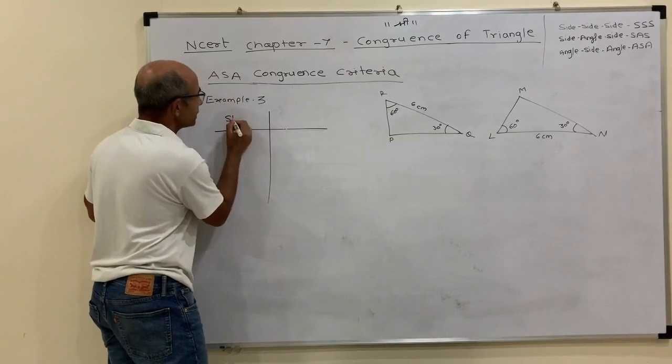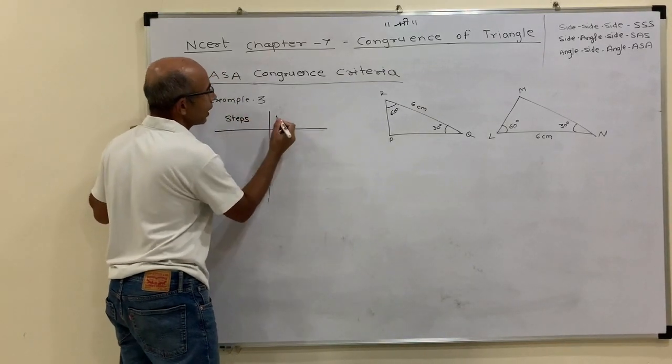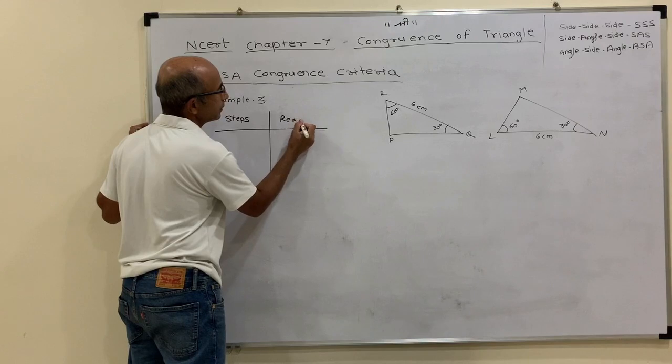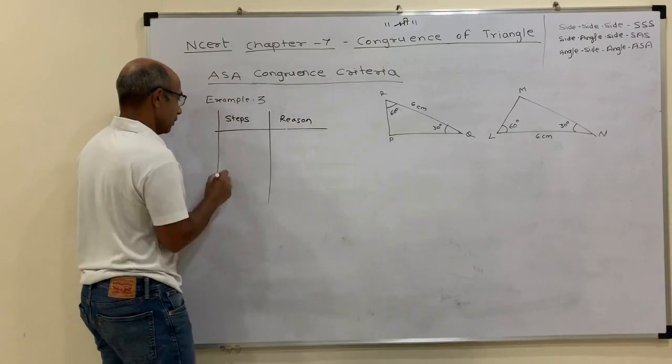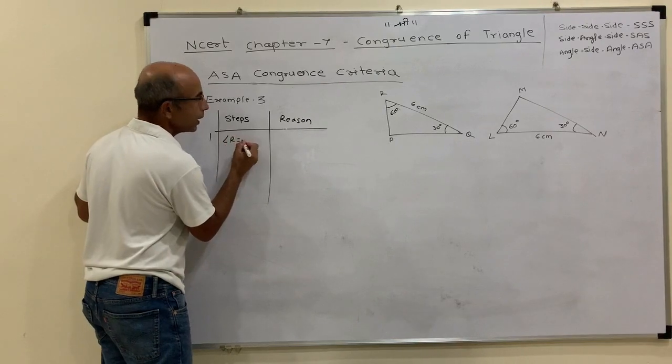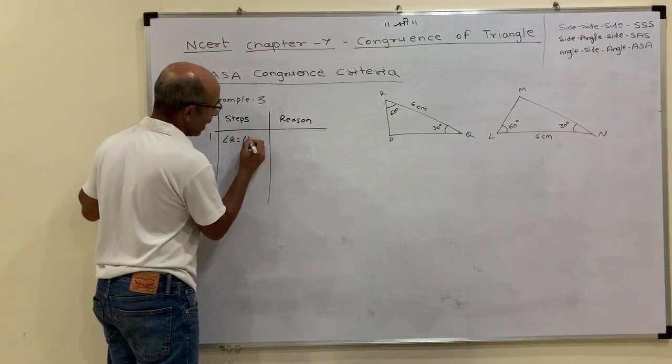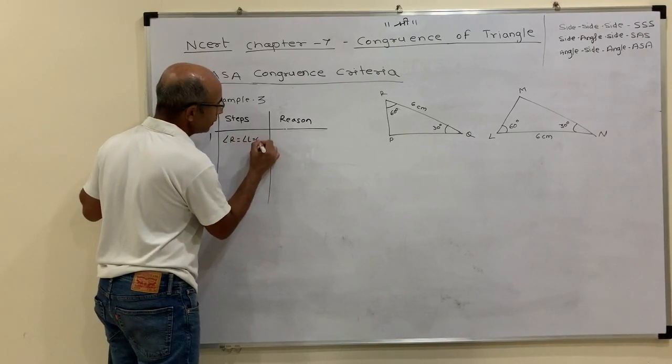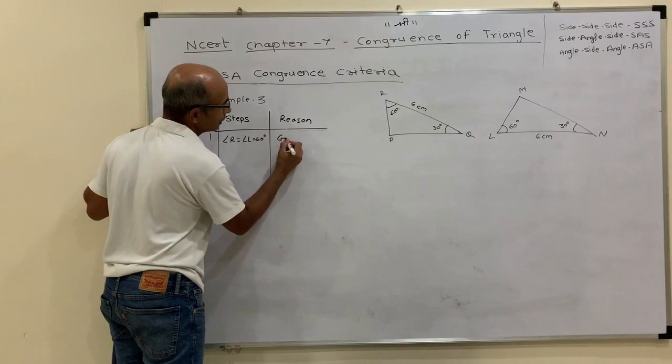Here we put up steps and then reasons. First, angle R equals angle L equals 60 degrees. This is given.